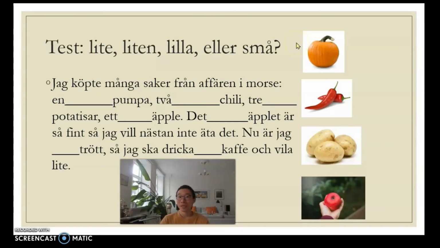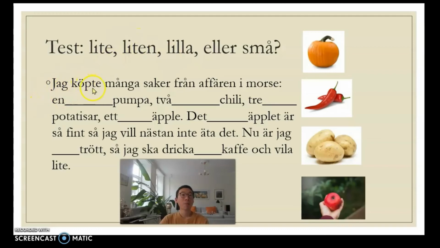Om du vill ha mer tid kan du pausa videon och göra det i lugn och ro. So if you want to have more time, you can pause the video and do it as long as you want. Okej, jag kan läsa upp frågorna. I can read the questions.